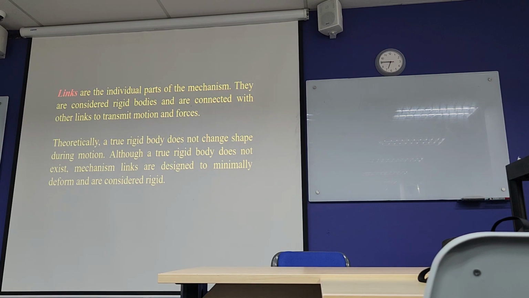Basically there are 4 links in that. The piston itself is a link, so the piston can move. The piston is connected to a crank through a connecting rod. So this is the concept of a rigid body. Basically, a true rigid body does not change shape during motion, which means the effect of stresses and strains is negligible.